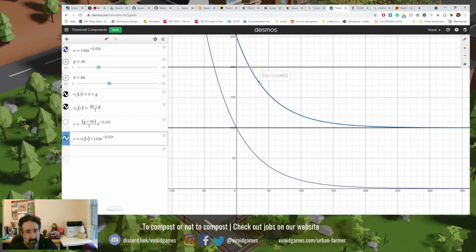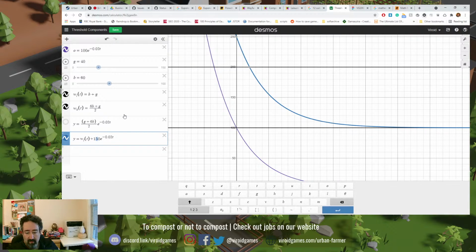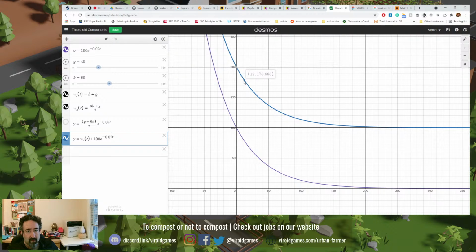You need to be here. You need at least 34 hours to get to the happy zone. But if you pushed your luck, you still overwatered it, you will need 14 hours to get there. So yeah, it makes sense.